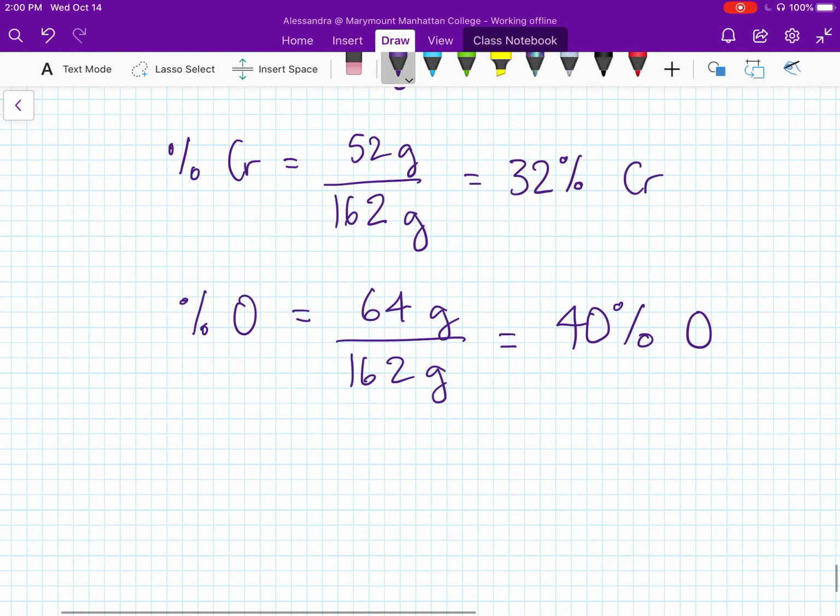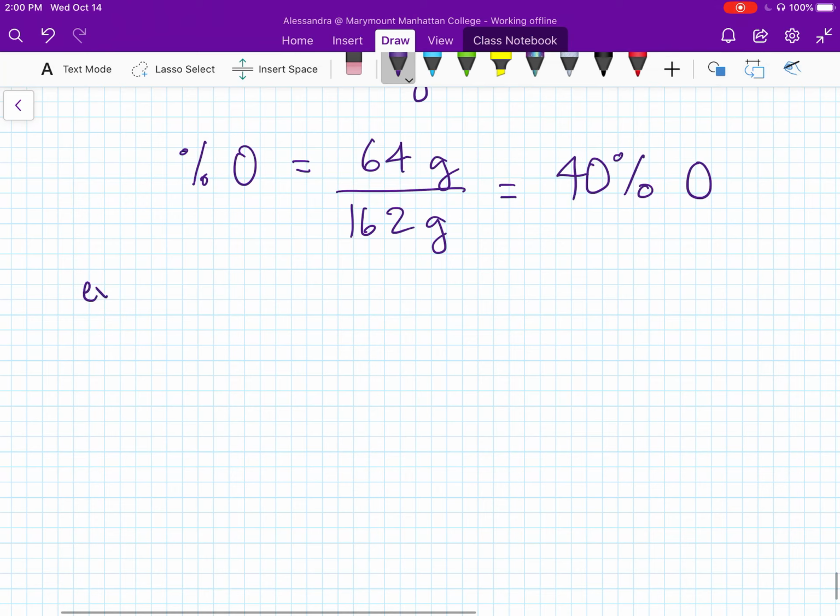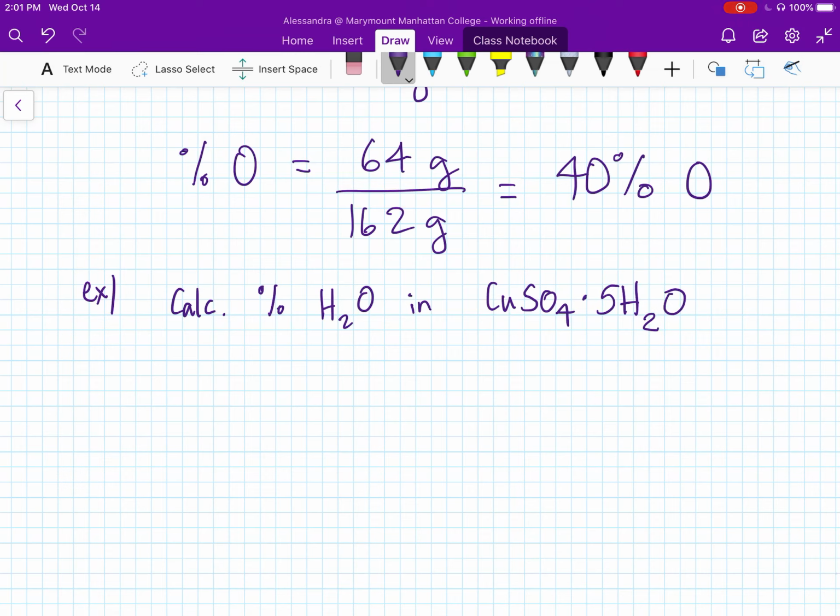Let's do another example. Let's calculate the percent of water in copper 2 sulfate pentahydrate. This is an ionic compound that has water molecules actually as part of the ionic lattice.